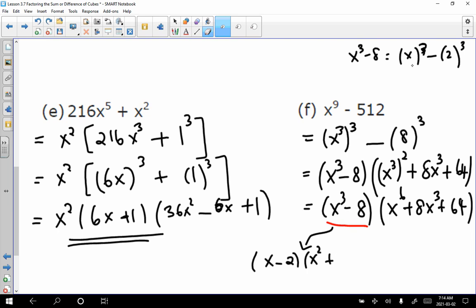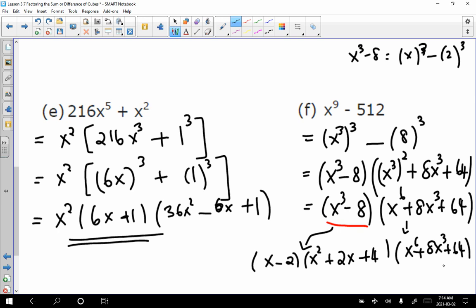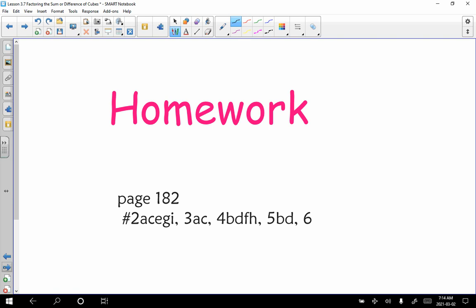That's our a and b, so plus ab would be plus 2x, plus b squared would be 2 squared, which is 4. Okay, so we had to do that extra step there, and then pull this down, which is right here, that factor x^6 + 8x^3 + 64. There's a bit of extra work there, so be careful, sometimes you're not fully factored. Okay, and those are the questions you want to try for homework.